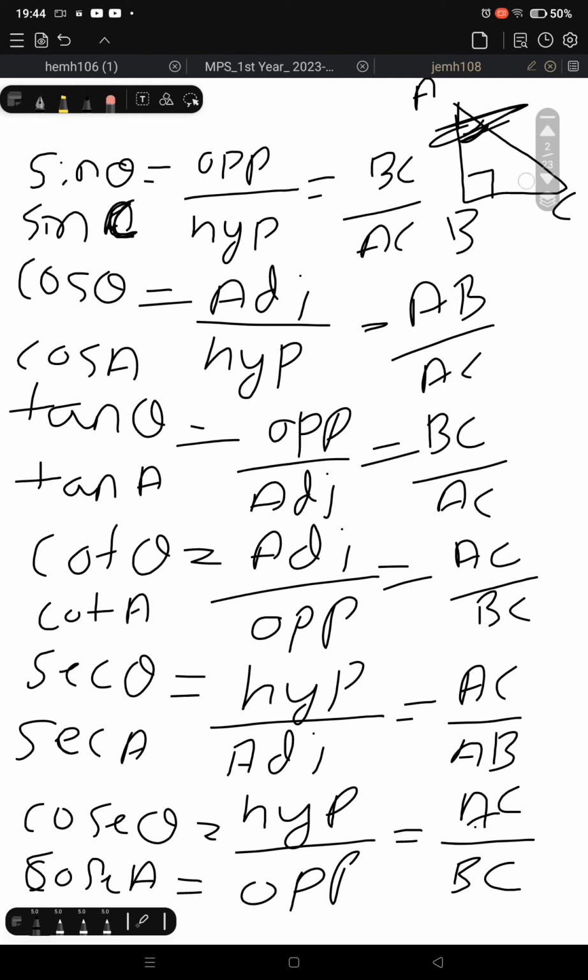This angle we are taking as the highlight. We'll go to another page. Here, the same triangle A, B, C. This is 90 degrees. We are now taking C as the main angle.